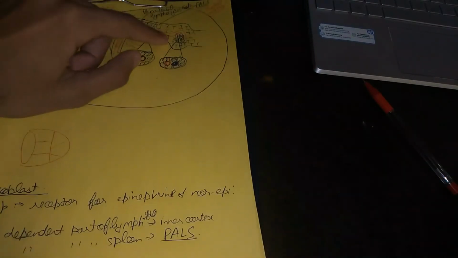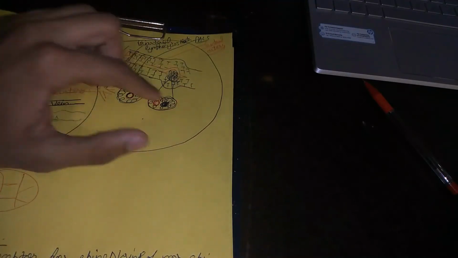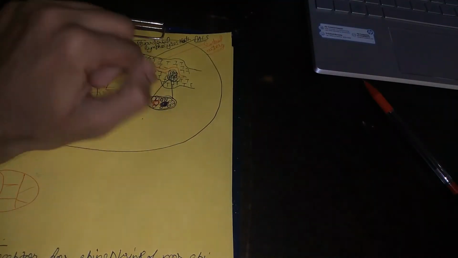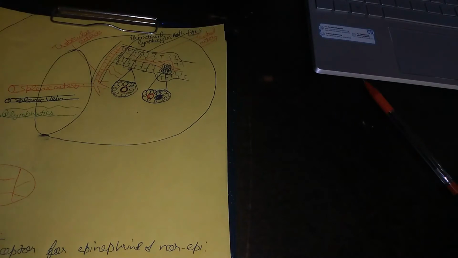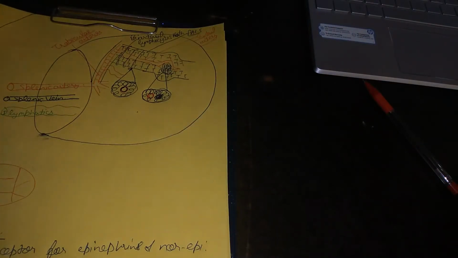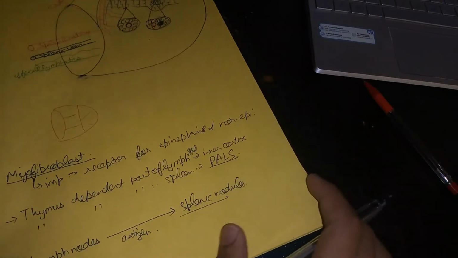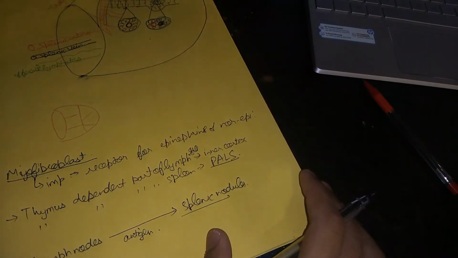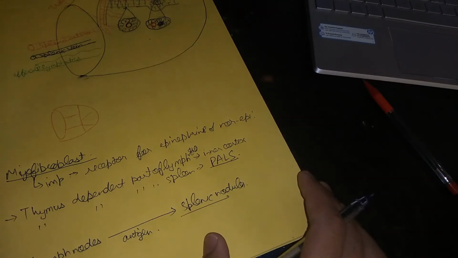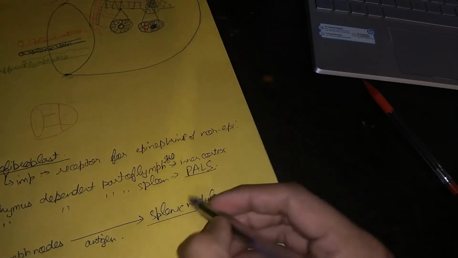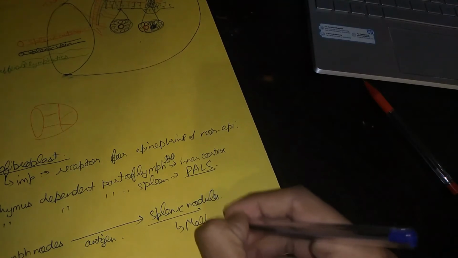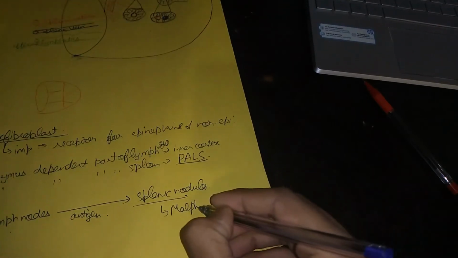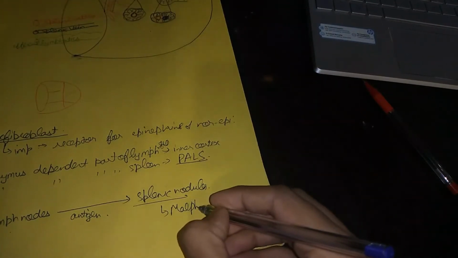The B cells get accumulated so much here, they get stimulated, and they go and destroy the antigen secreting cells. Okay guys, this is also known as Malpighian nodule. Splenic nodule is known as Malpighian nodule.